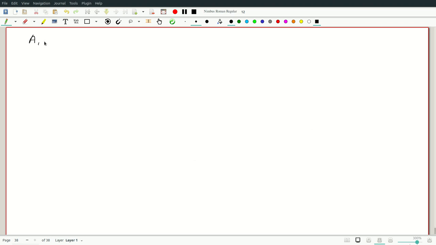So suppose we fix A1, A2, A3, and these are closed bounded sets.